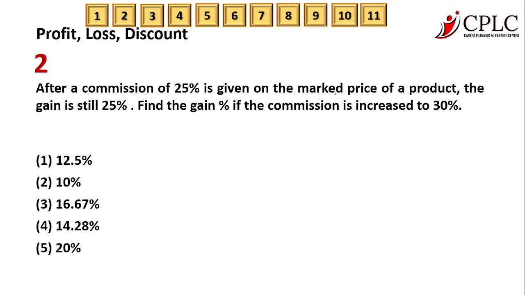Now, very interesting. The commission is given on the mark price, and you need to understand what is given on mark price. So, only discount is given on mark price. So, here commission actually means it's a discount, and the gain is still 25%.